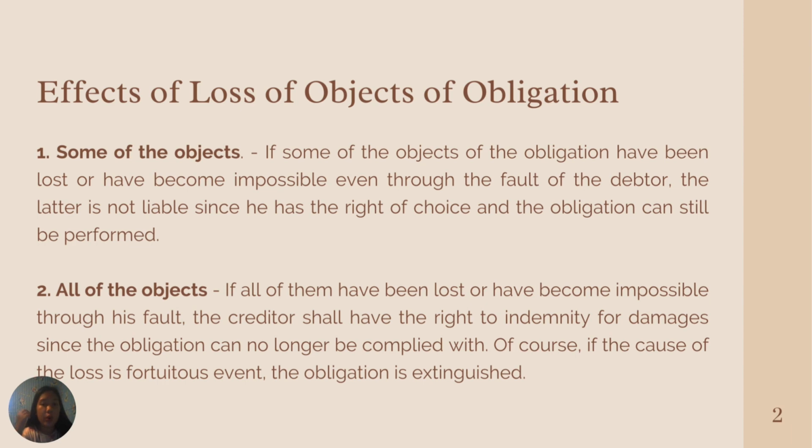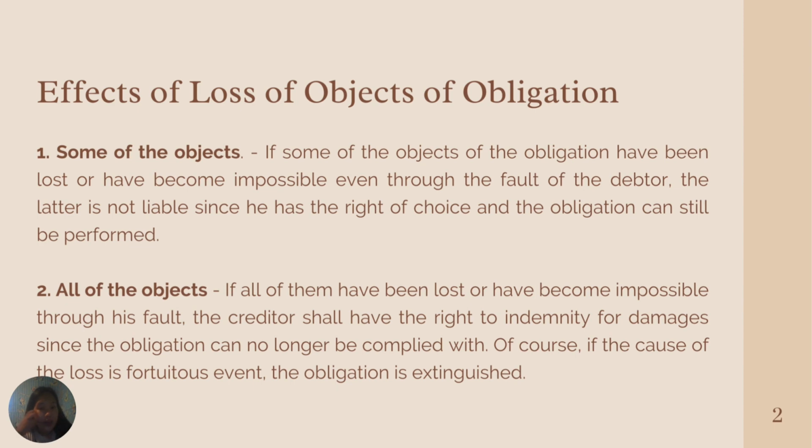Okay, so the phrase "or the compliance of the obligation has become impossible" refers to obligations to do. So for example, Mara agreed to deliver item 1 or item 2 or item 3. If item 1 is lost through the fault of Mara, he can still select either item 2 or item 3.